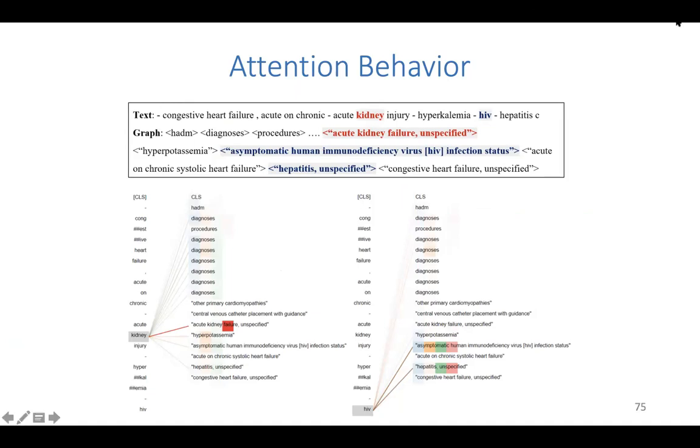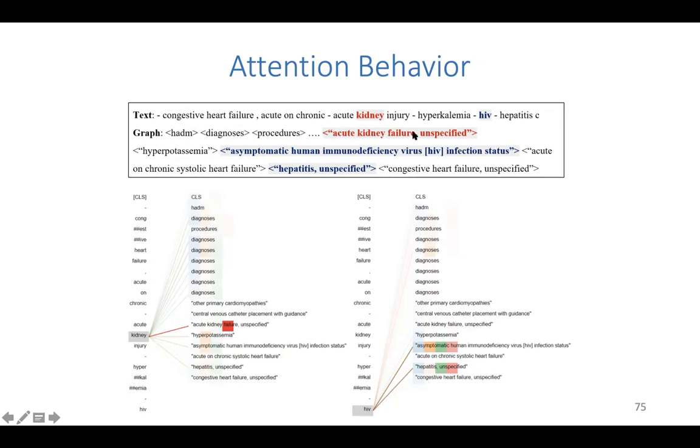So here, this part is the original text. I think we're only looking at the discharge diagnosis subsection in the entire discharge summary. So text is all diagnosis description, and graph consists of yada yada nodes.